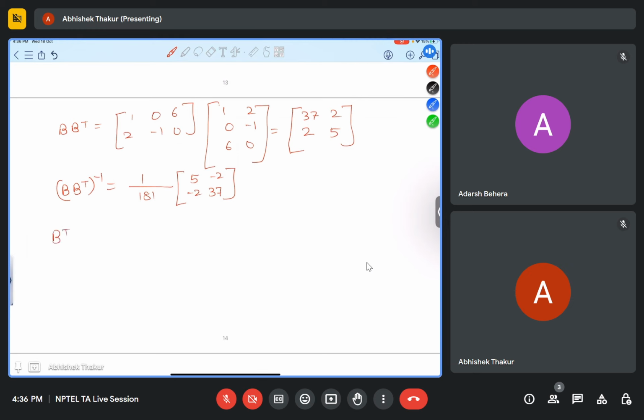So now we have to find B dagger, the pseudo inverse, which is equal to B transpose into inverse of B B transpose. So this is B transpose, and the inverse of B B transpose is 5 minus 2, minus 2 37.